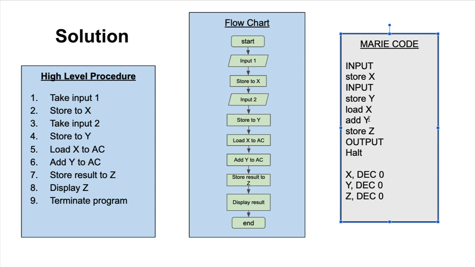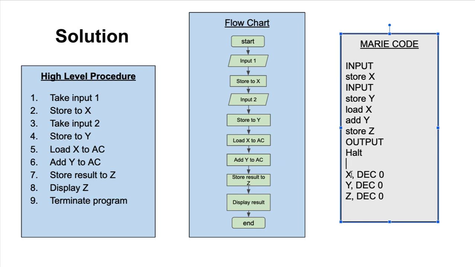This step adds the value of y to the AC, so now the AC has the value of x plus y. So we store to z. This step stores the value of the AC to the variable z. And then we output, which displays the result to the console. And then we terminate the program.